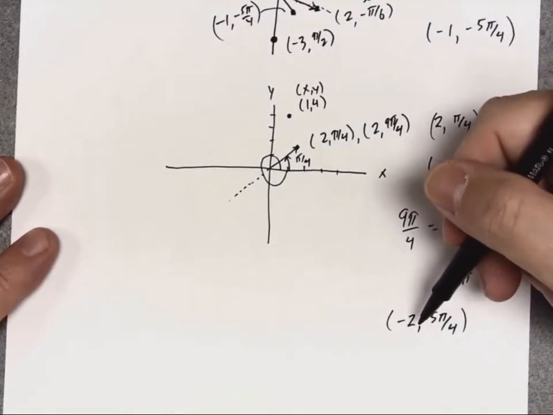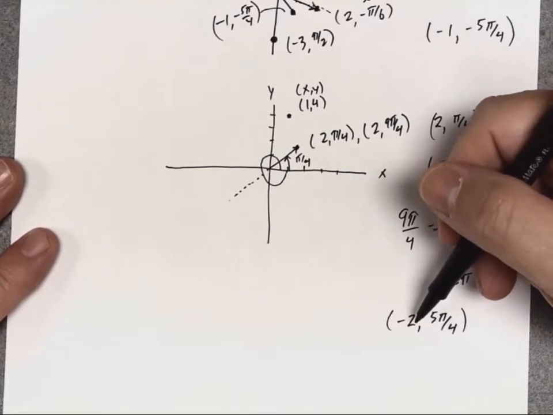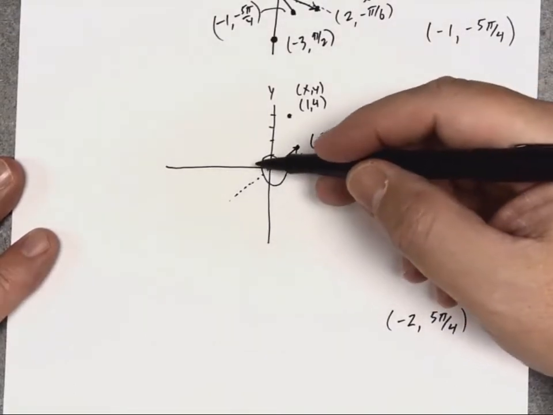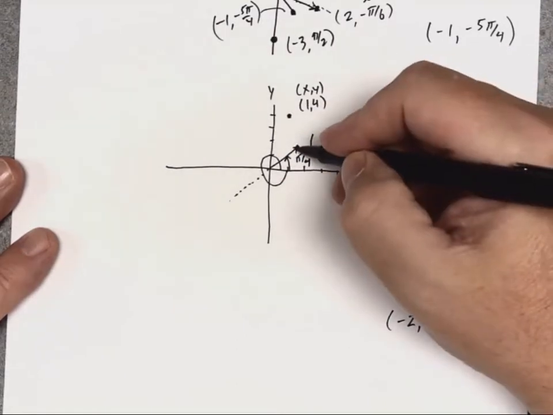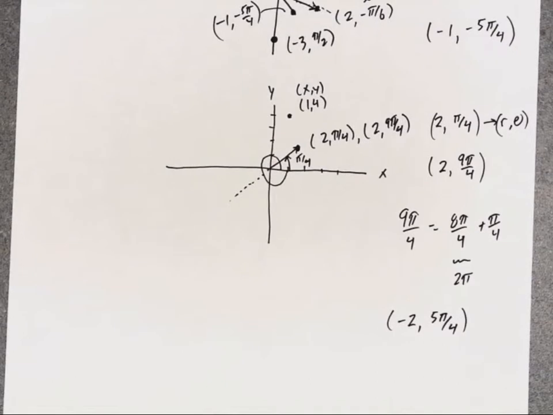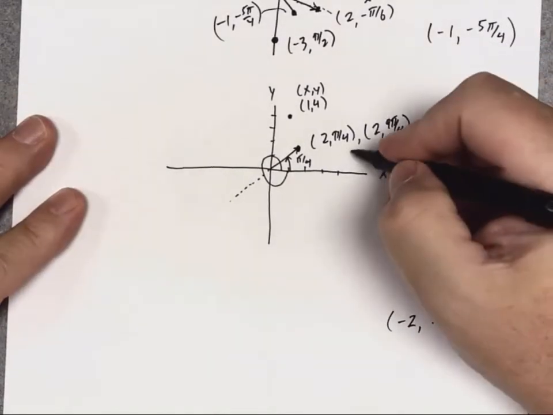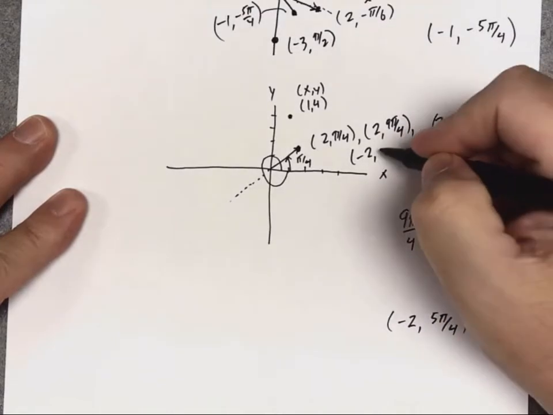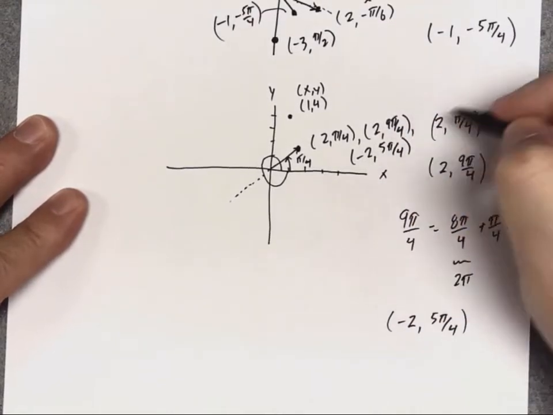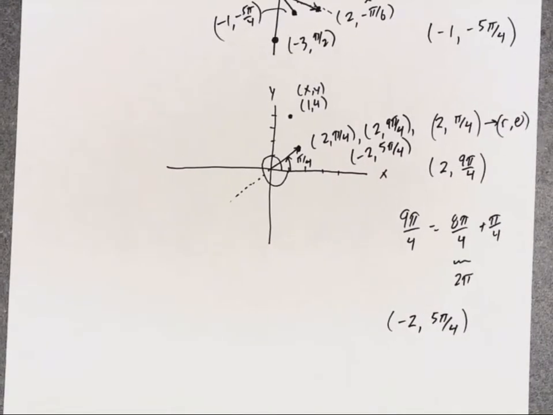What's my distance? It's -2, which means the length is 2, but I have to go in the opposite direction. And you know what happens? I end up at that same point. So now actually I've got 3 different polar coordinates for the same point.